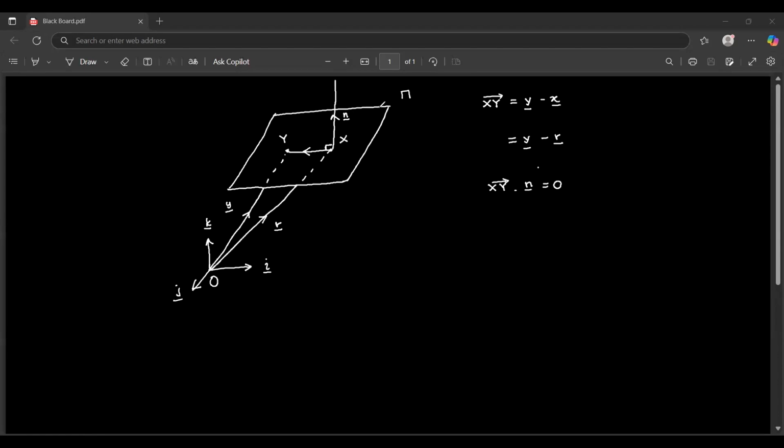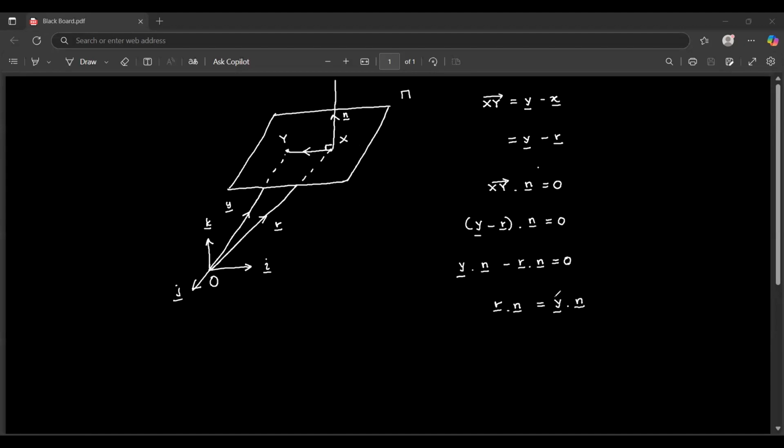Why? n is a normal vector for the plane phi. Since it is normal to phi, it will also be normal to xy. So (y minus r) dot n is equal to 0. So this gives y dot n minus r dot n is equal to 0. If you rearrange this, you will get r dot n is equal to y dot n.